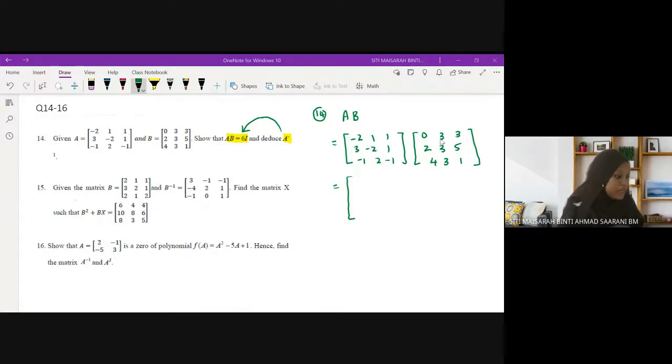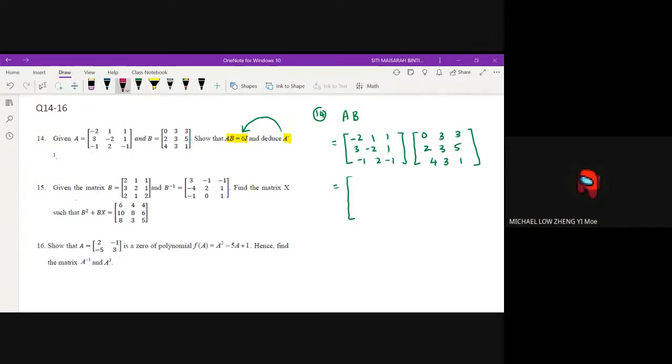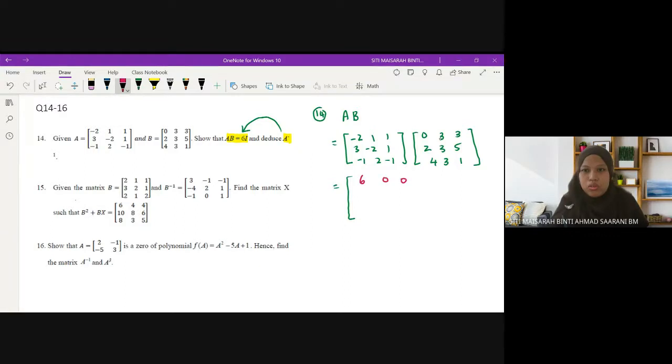Terus dapat AB sama dengan, clearly kat sini 6 0 0, 0 6 0, 0 0 6. Kenapa? Sebab kita nak tunjukkan dia 6I. So suppose dia mesti dapat 600 060 006.